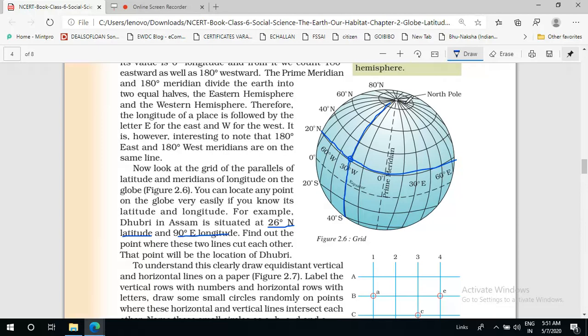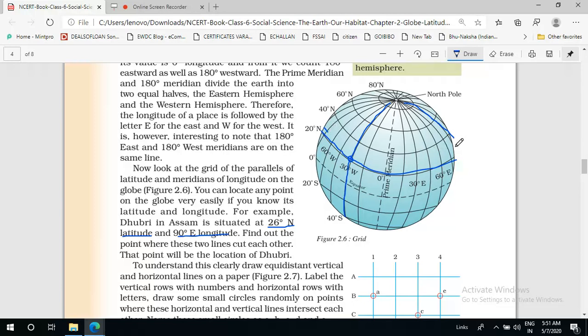Always remember the direction. And we have to find 26-degree north latitude. This is 20-degree, so 26-degree must be, I'm just estimating, here.